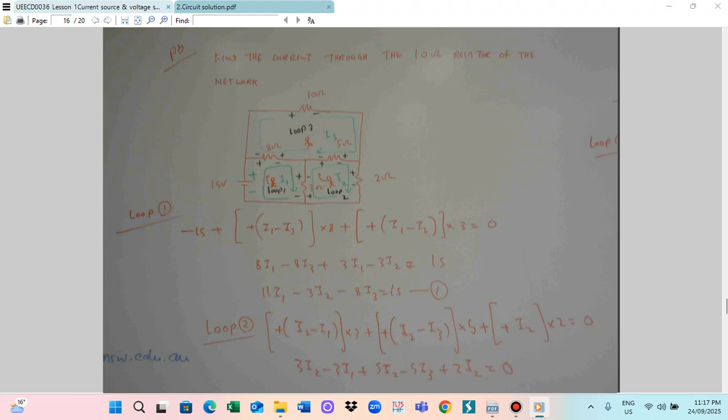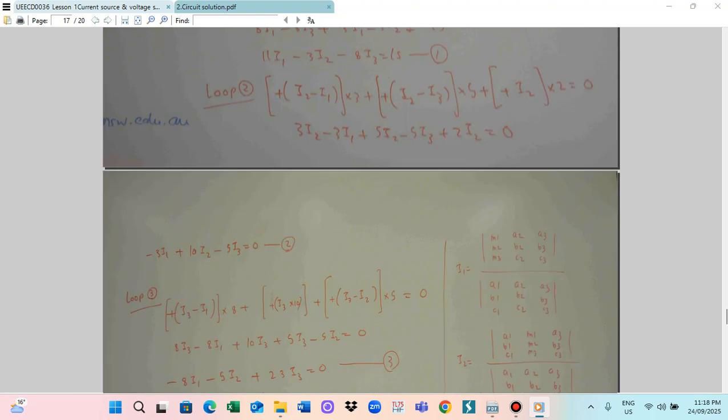So I2 multiplied by the resistance value 2 is equal to 0, because there is no battery, so everything will be 0. So we calculate: 3I2 minus 3I1 plus 5I2 minus 5I3 plus 2I2 is equal to 0.